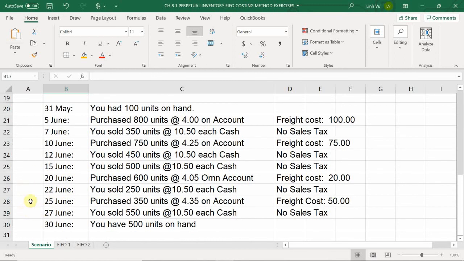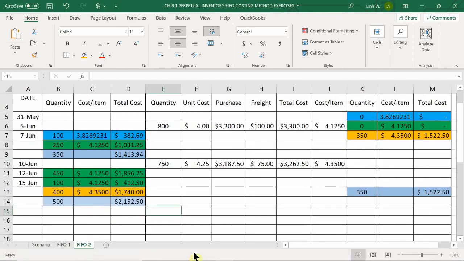So again, June 20th, we purchased 600 units at $4.05 each, with the freight costing $20. So 600 units at 405 with a freight of $20.